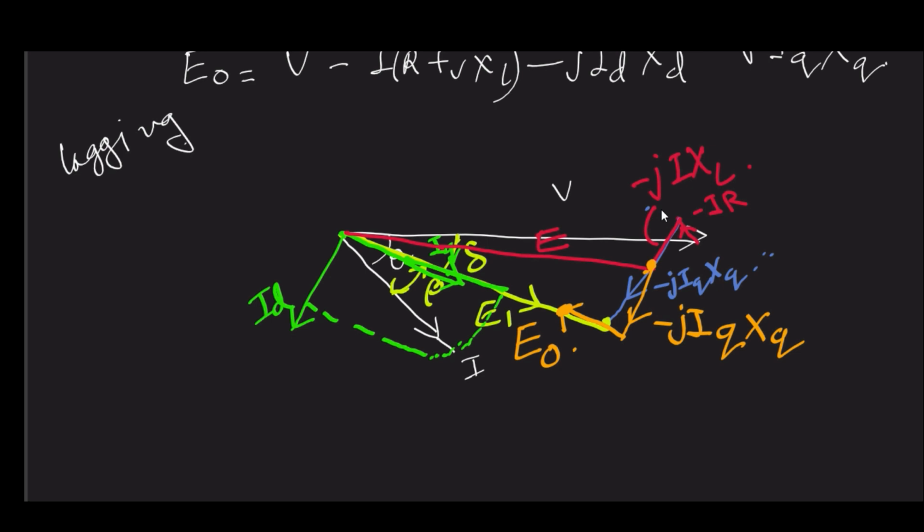So the resultant phasor will be like this. If you want to draw ID first and then IQ, that is also okay. First you draw minus JIDXD, that is lagging this one by an angle of 90 degrees, like almost this.